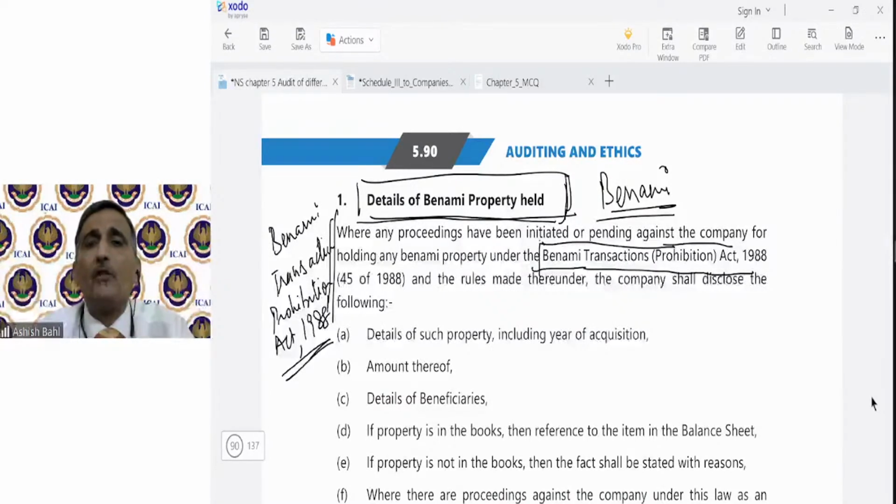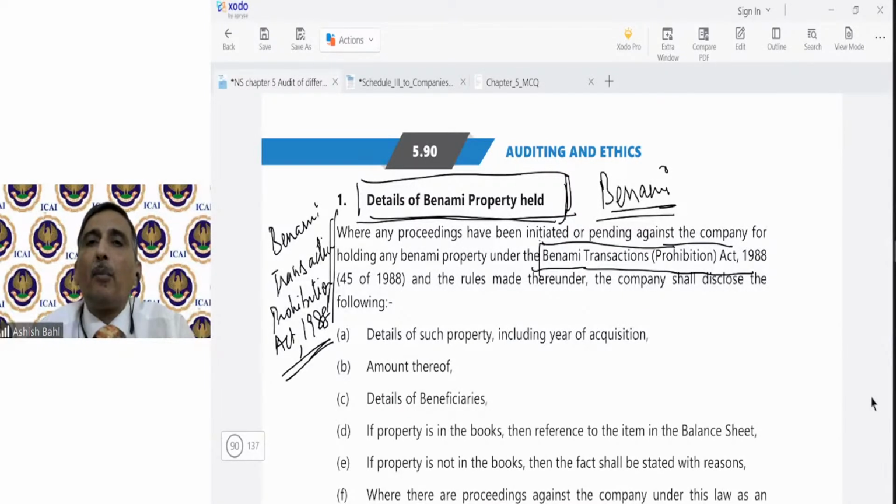So, students, first of all, you have to understand that Benami property is a property in which a person has invested money, but he doesn't register the property in his own name. He doesn't hold the property in his own name, although he has paid the money for acquiring it. He has paid the consideration for acquiring it.